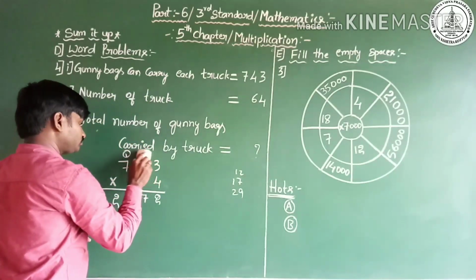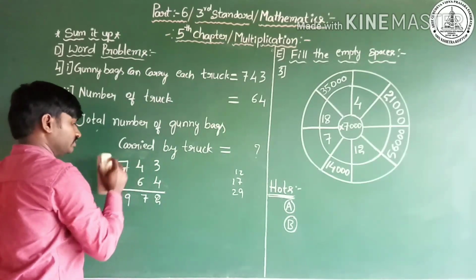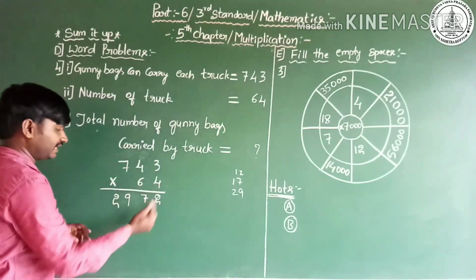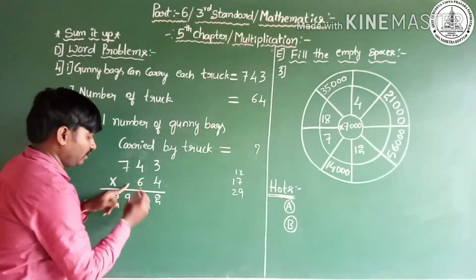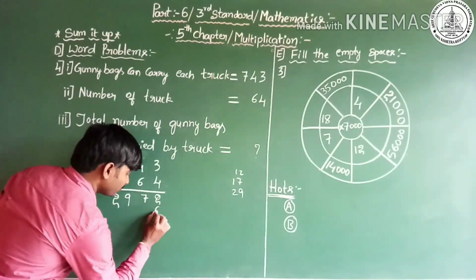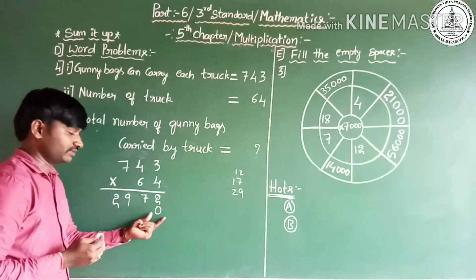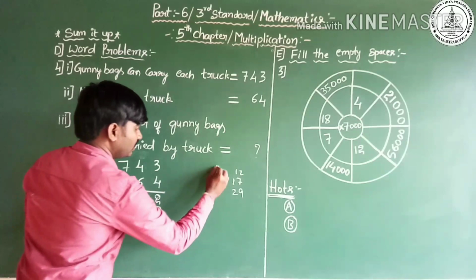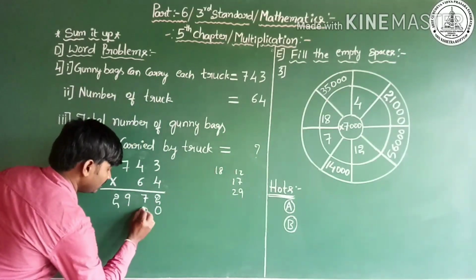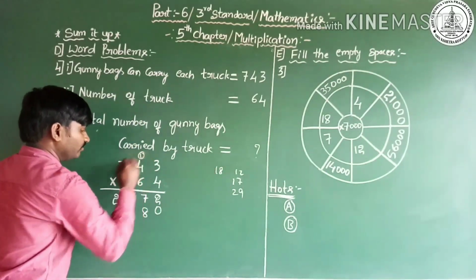We rub the first level carryovers. Go to the second step. When you start the tens place, the ones place becomes 0. You start the tens place. 6 3s are 18. 8 is here, 1 is carried over.